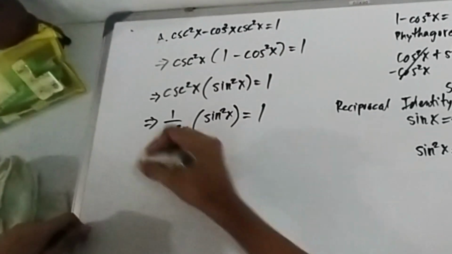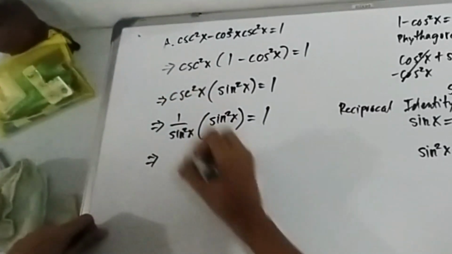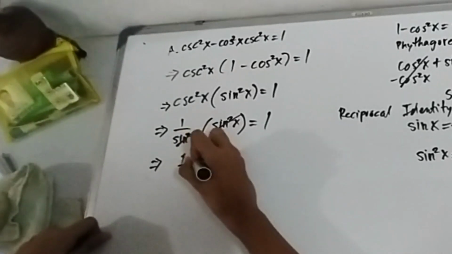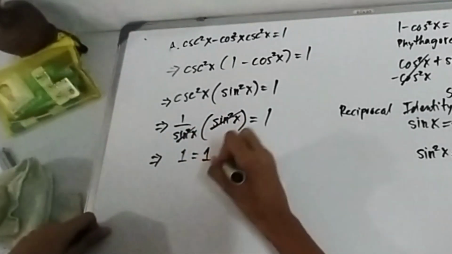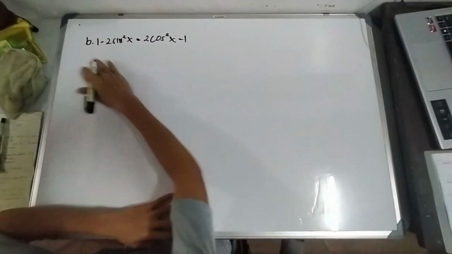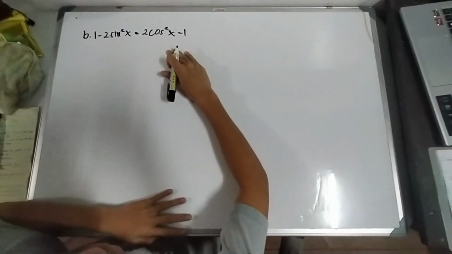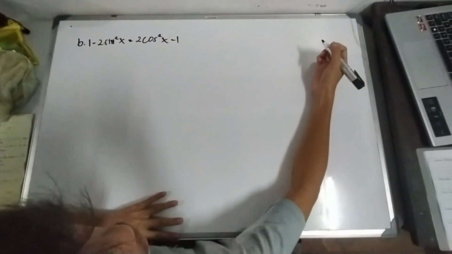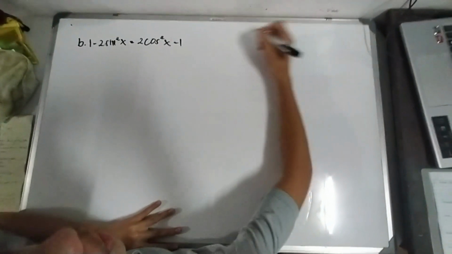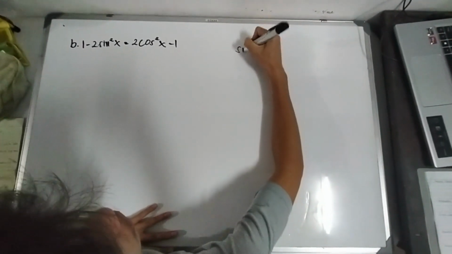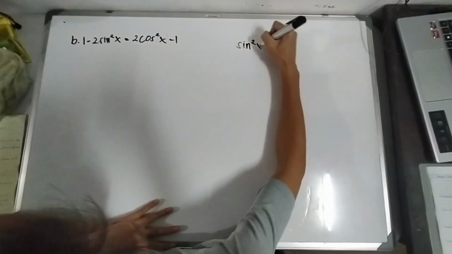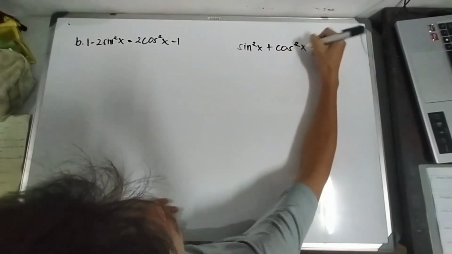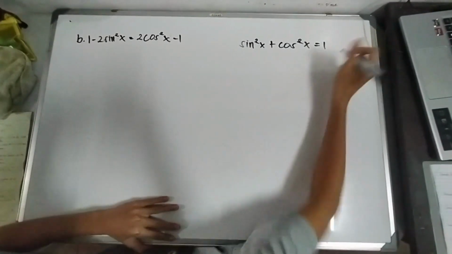To further simplify, we can cancel this, and now what we are left with is 1 is equal to 1.